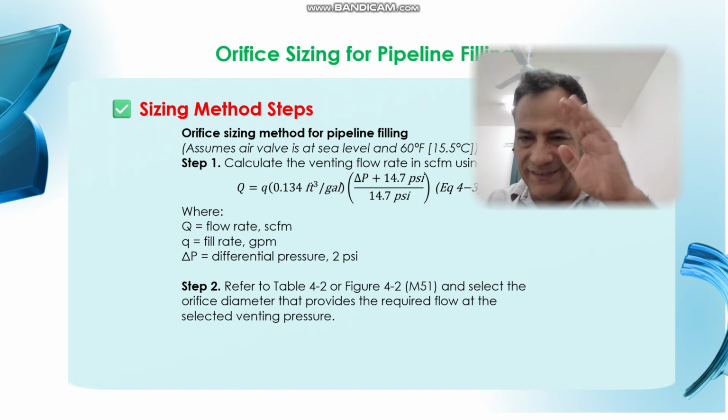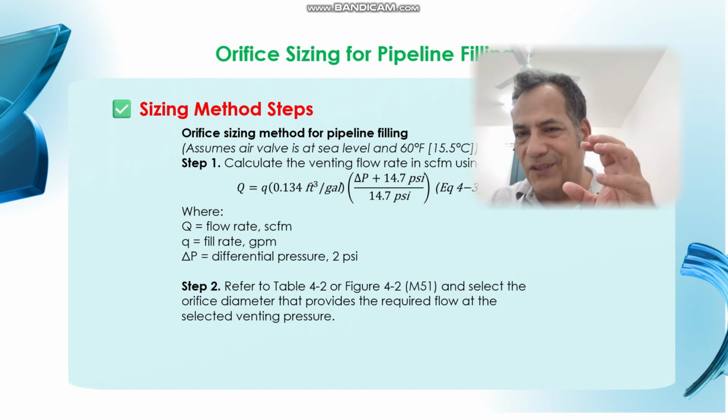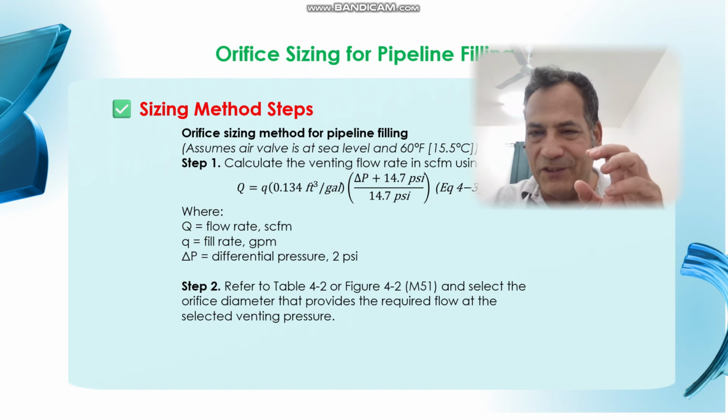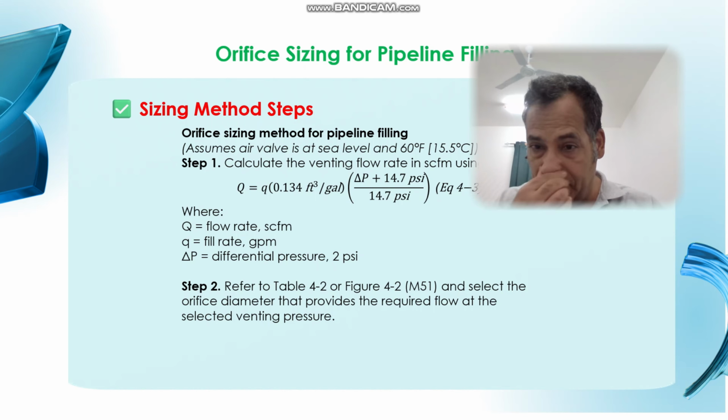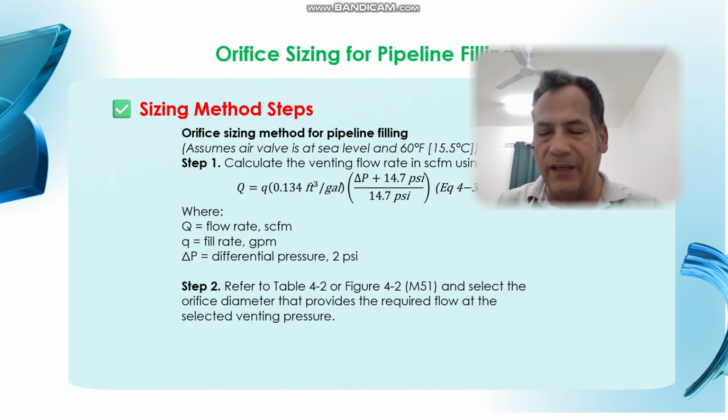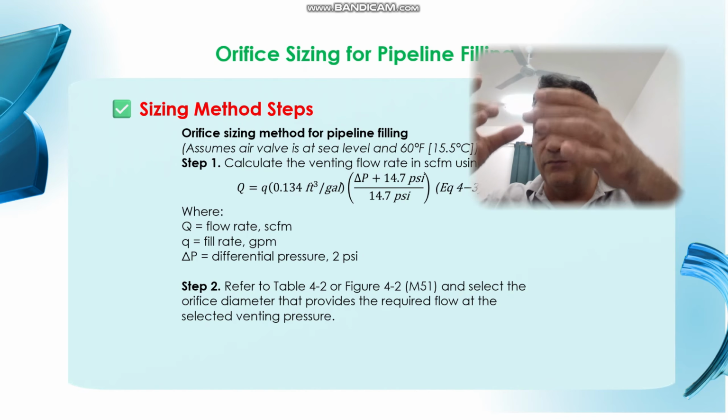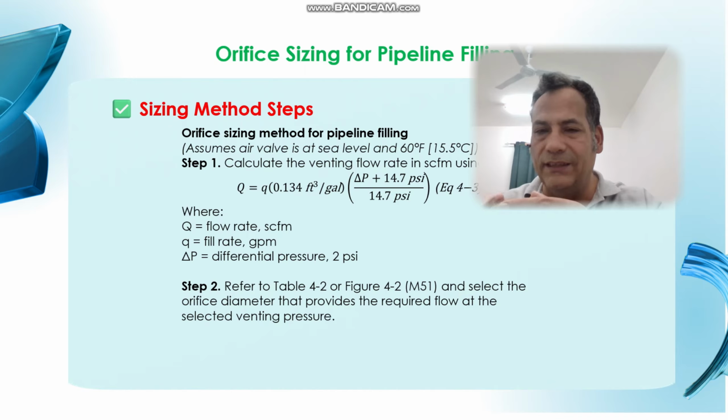As I said before, the differential pressure is between the inlet and outlet of the air valve. The air pocket coming from inside the pipeline goes inside the valve body, and this is the inlet.